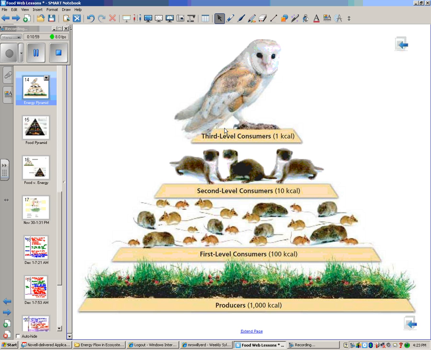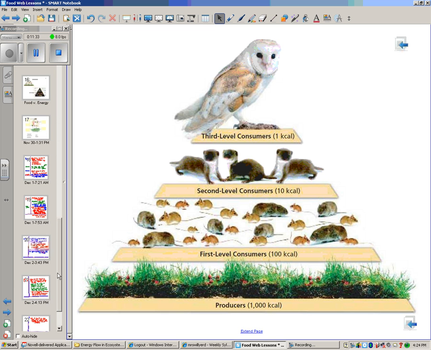Because if you have a bazillion owls and they're all going to need a lot of prairie dogs to eat to sustain themselves, then you're going to wipe out the entire prairie dog population or whatever population of animals that this organism eats. So if you think in the ocean, the big predator at the top of the food chain would be a shark, and if you have a lot of sharks, and they need as much food as they need to be sustained, then you're not going to have very many fish left and your ecosystem is going to be destroyed.